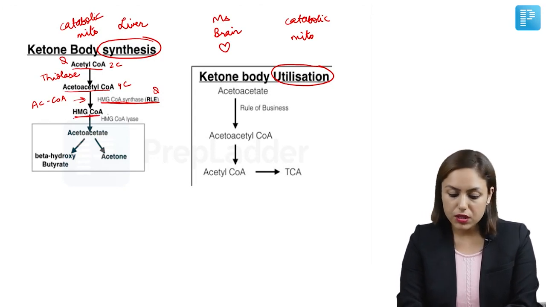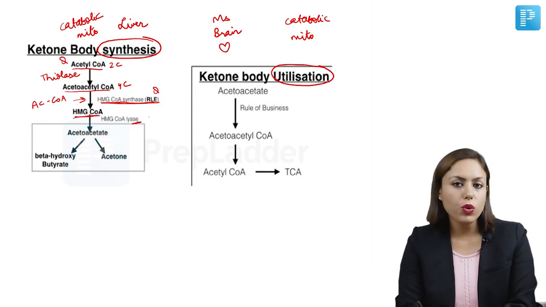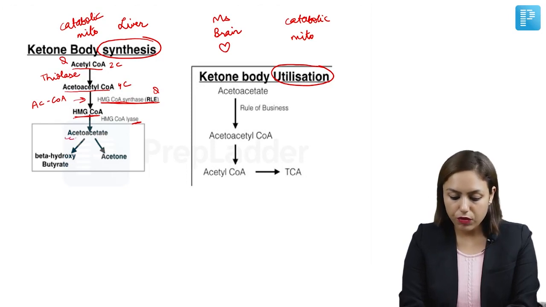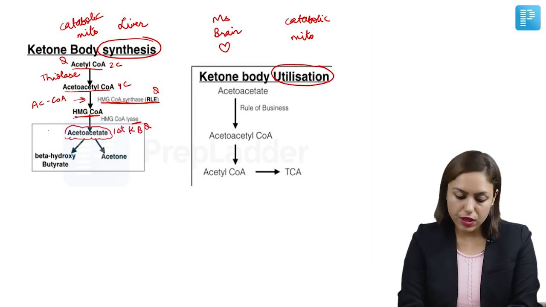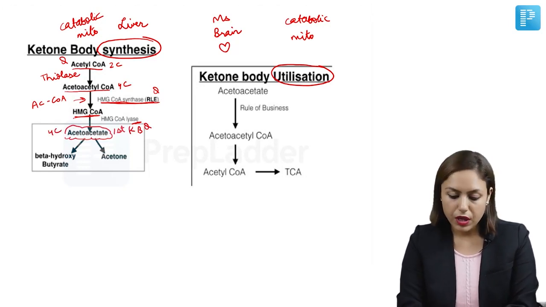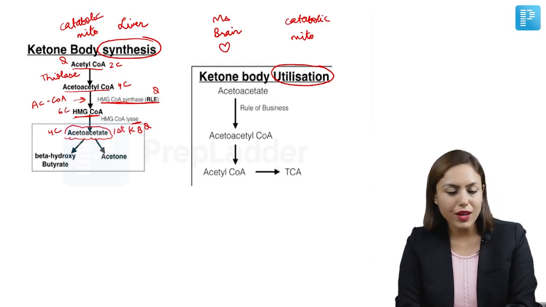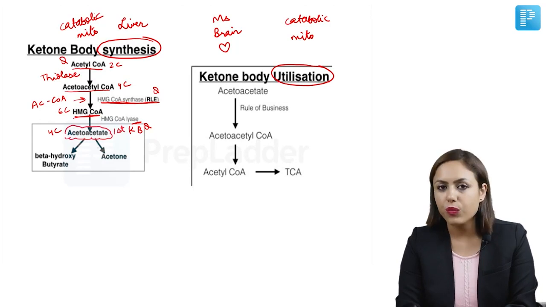This HMG-CoA is broken by HMG-CoA lyase, and our first ketone body is formed, that is acetoacetate. Which is the first ketone body? Acetoacetate, 4 carbon. HMG-CoA is 6 carbon. Then 2 carbon are removed by HMG-CoA lyase, and we are left with 4 carbon acetoacetate.